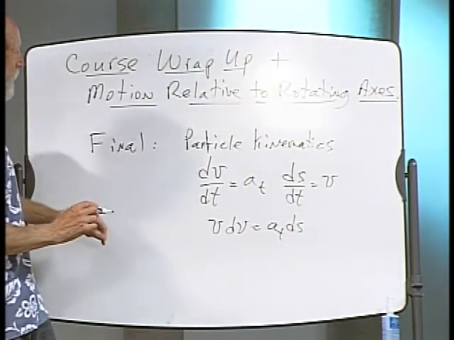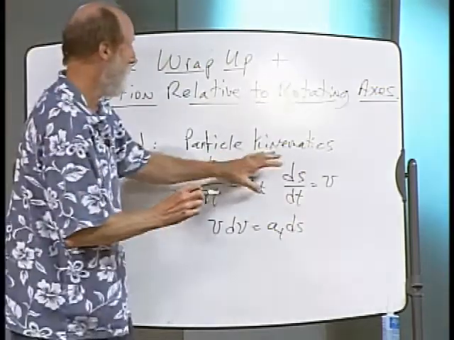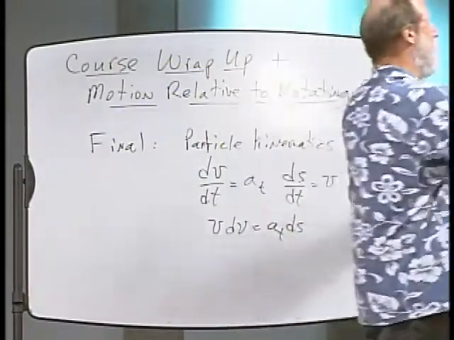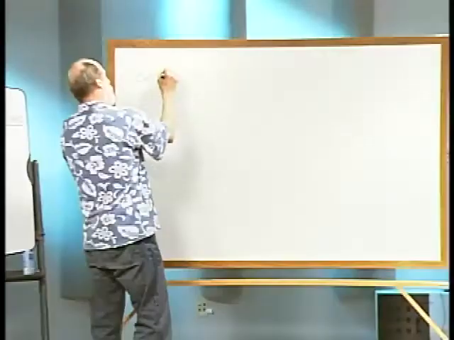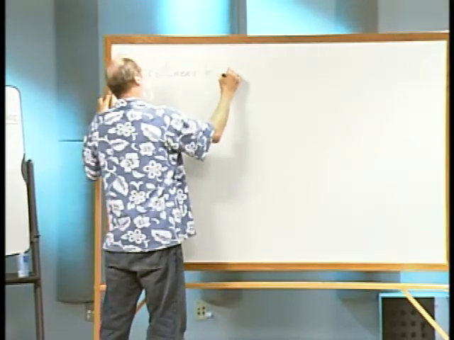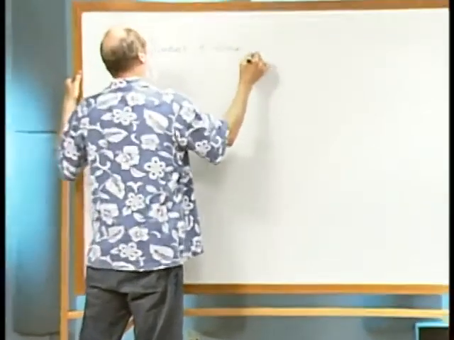Then we start moving into curvilinear motion instead of this rectilinear kind of an approach. And so we have curvilinear kinematics, again applied to a particle.